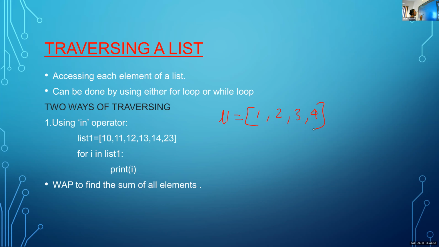Then after that, I want to take each and every value from this list. How is it possible? Alan Joshi? Yes, ma'am. How can we write the for loop for taking each and every integer from this list? Okay, Alan Thomas?